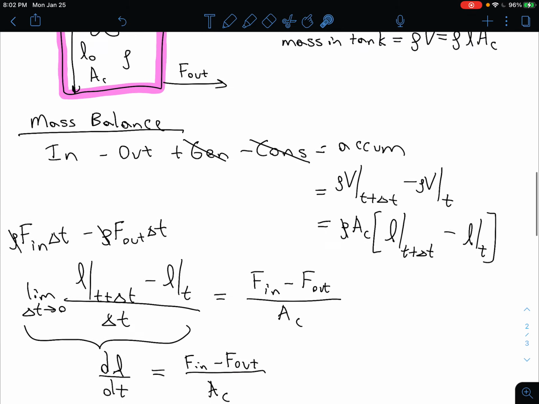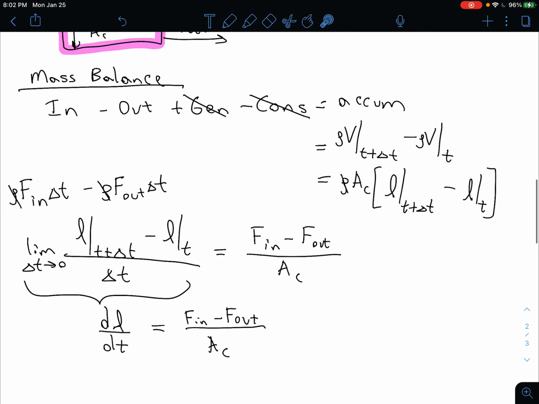And I think it should be a fairly intuitive result, because if the flow rate in is higher than the flow rate out, then water should accumulate in the tank and the liquid level should go up. However, if the opposite is true, if I'm putting less in than I'm drawing out, then dL dt ought to be negative and the fluid should drain from the tank.